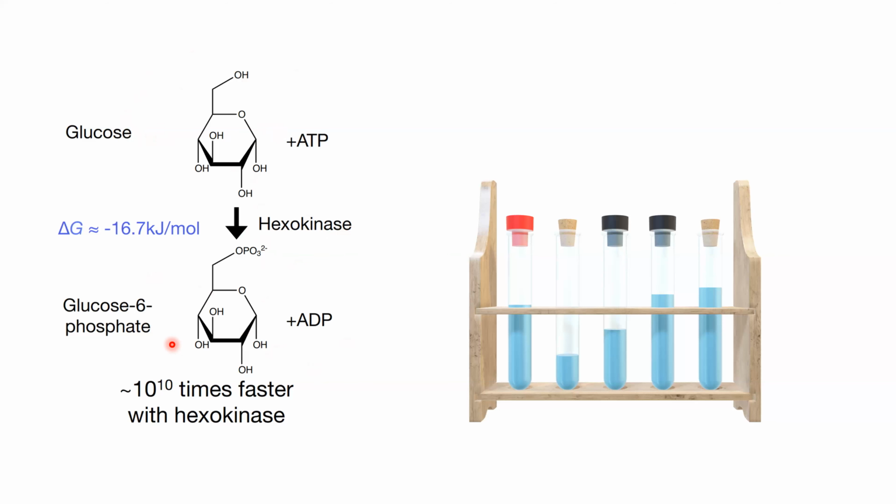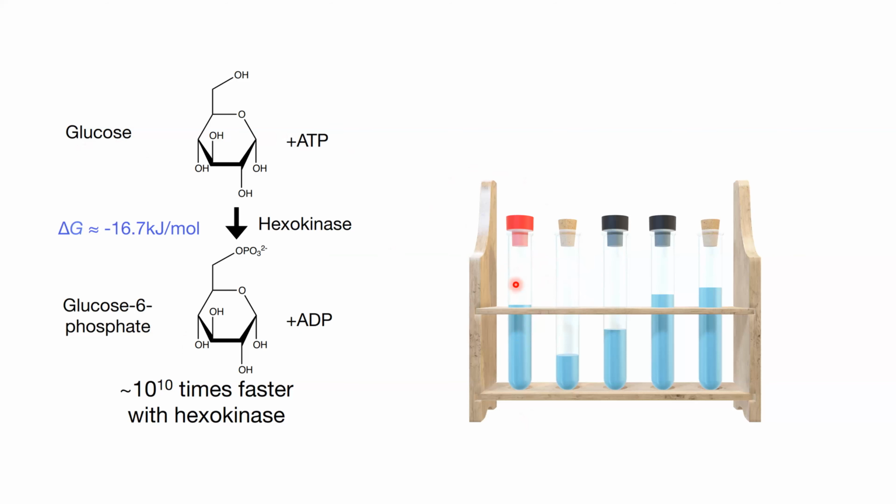Now we have to see what is the importance of hexokinase, and whether there is really a difference between the reaction of glucose with ATP in the presence or in the absence of this hexokinase enzyme. So if we assume that we have test tubes, in one there is only glucose and ATP, and we are leaving that reaction only on the basis of their collision, right?